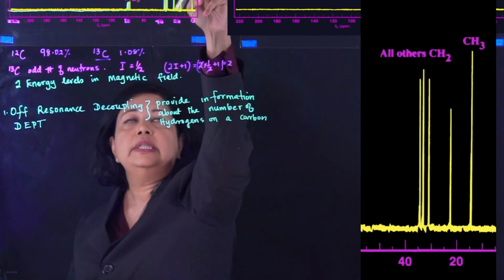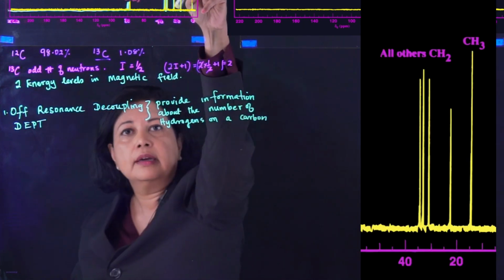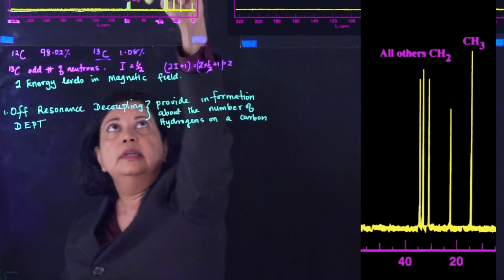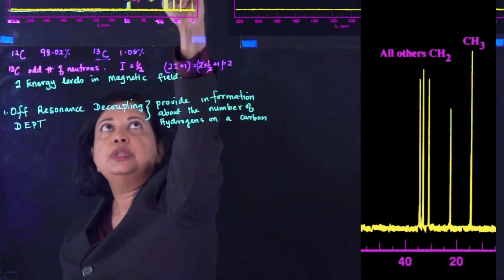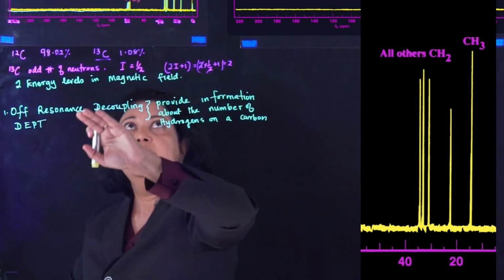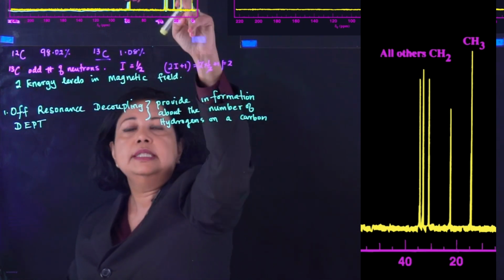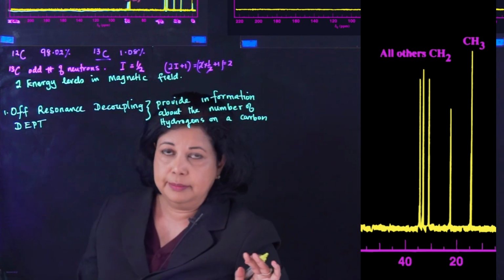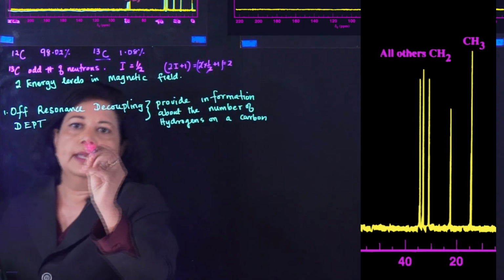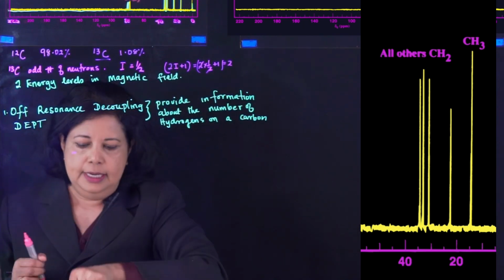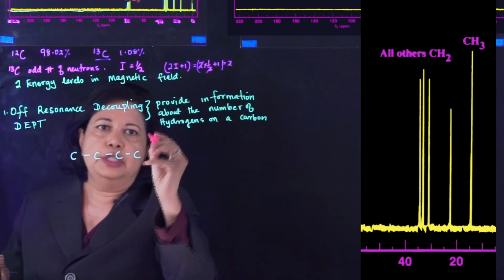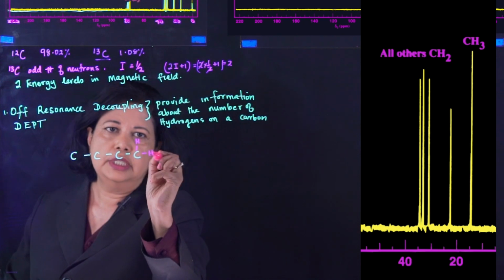So this is why you will sometimes see on carbon-13 spectra that these lines have a label. In this case, it's saying CH2, CH2, CH2, CH2, CH3. So using these techniques, they have figured out for each of these carbons how many hydrogens are there on them. Let's take, for example, this molecule. Let's say I have a molecule like this. We have a carbon chain, and one of them is just a primary with 3 hydrogens.